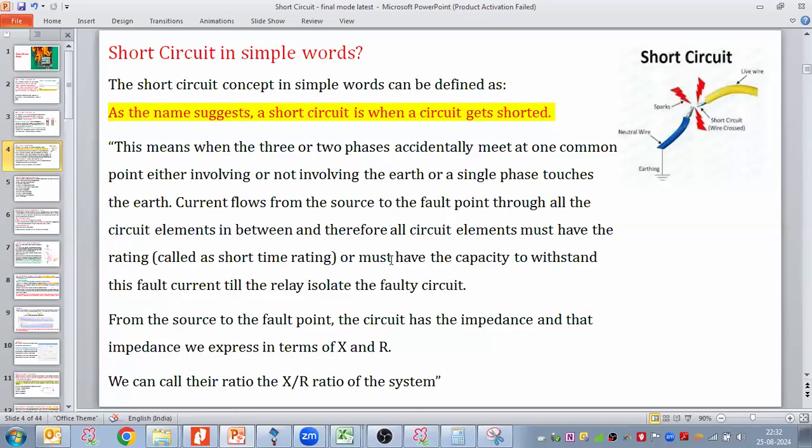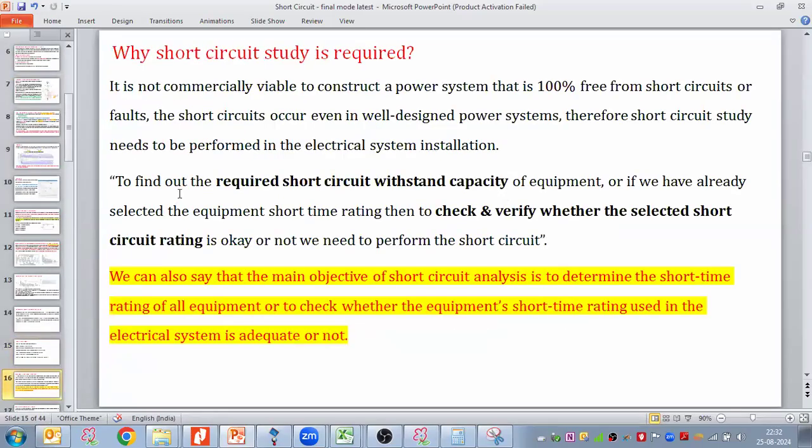How much current comes when the fault occurs, we are going to calculate by the short circuit analysis. So to find out the required short circuit withstand capacity of equipment, what should it be? Or if we have already selected equipment during the tender or design stage, and now want to do simulations to be doubly sure whether that rating is adequate or not, we need to perform the short circuit study.